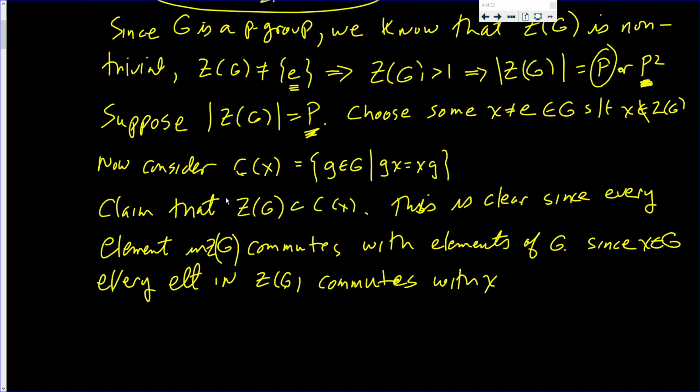So what we have now is that the order of the centralizer of x is at least p plus 1 elements. Every element of the center, that's p, and we found an element that was in the centralizer of x but wasn't in Z(G).